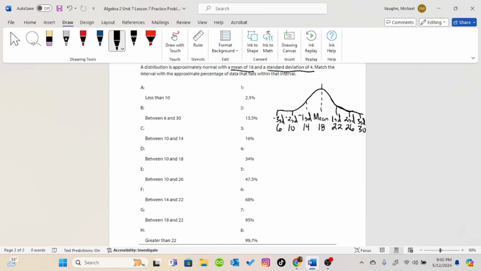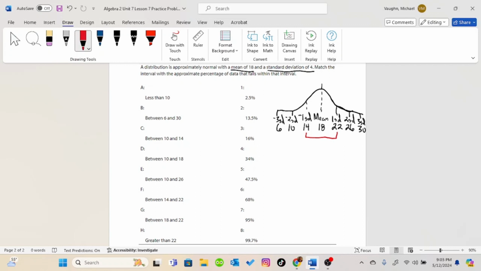So, first, I'm going to look down here at numbers 6, 7, and 8, because those are the rule percentages. We know that 68% is going to be between 1 standard deviation below and 1 standard deviation above.